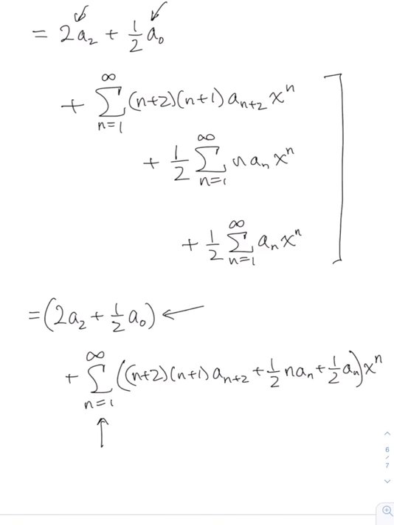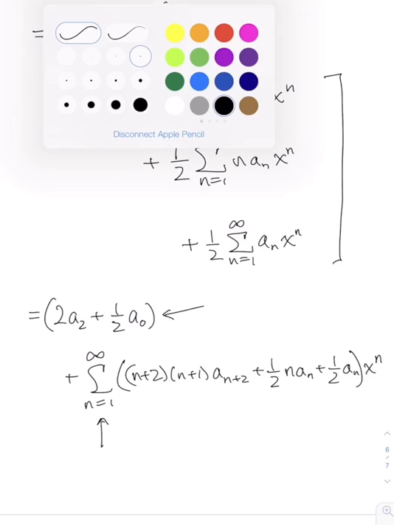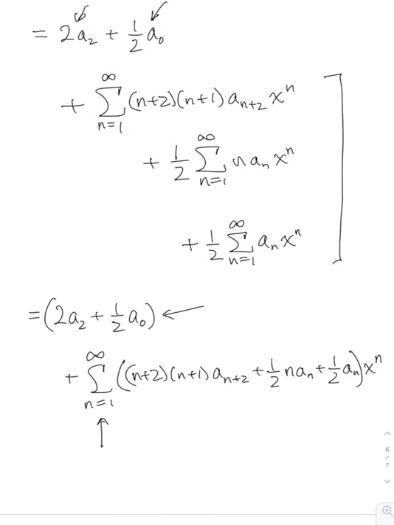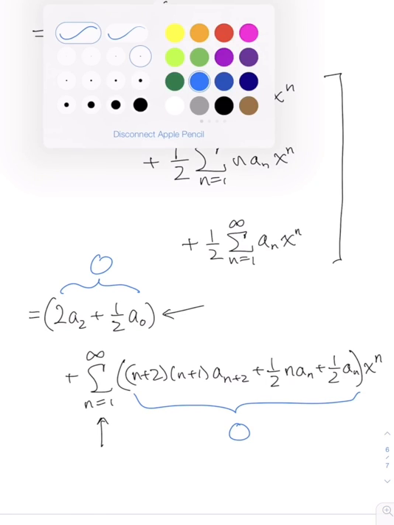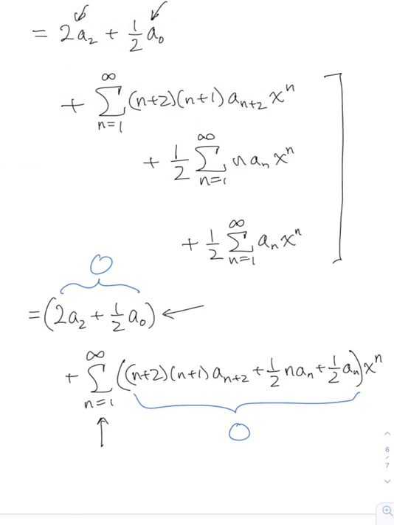So that means all of its coefficients are equal to 0. So I'm able to conclude that this thing has to be 0, and this thing inside parentheses, that coefficient, is 0 for every n. And we can use those two facts to figure out what our a_n's are.